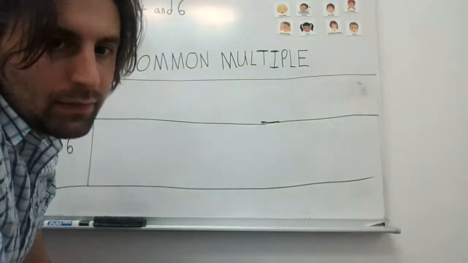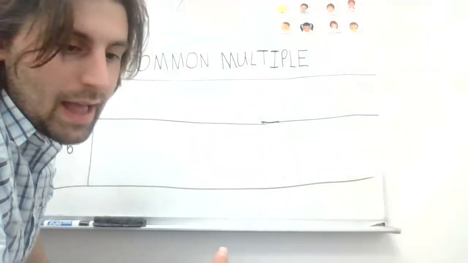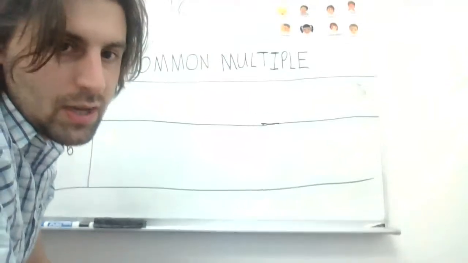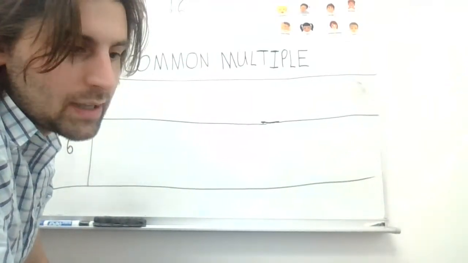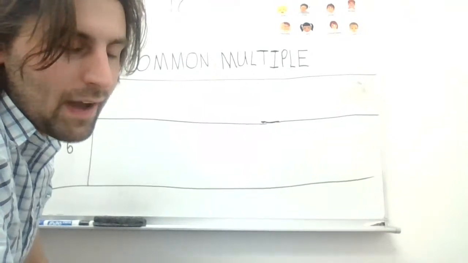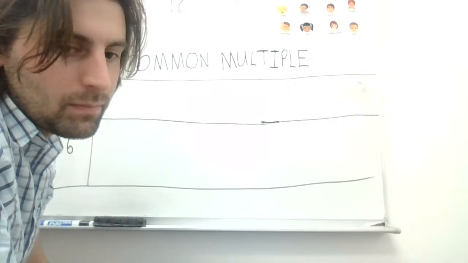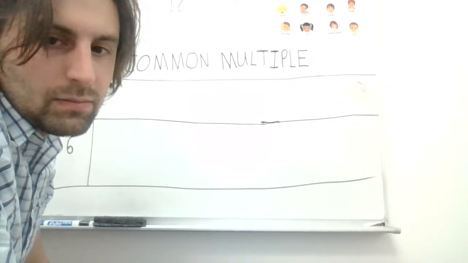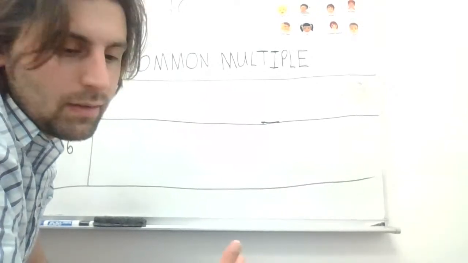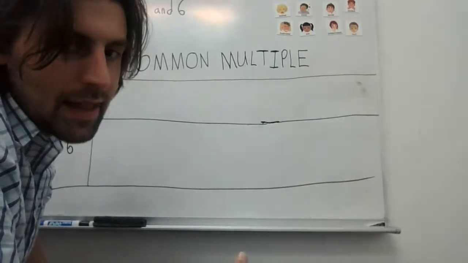If you have a least common multiple, you can stop with just the first 5 multiples that you wrote down. If there's no multiples in common after writing 5 multiples of each number, then do 5 more. Do the first 10 multiples. And then again, as soon as you found some multiples in common, that's when you can stop.